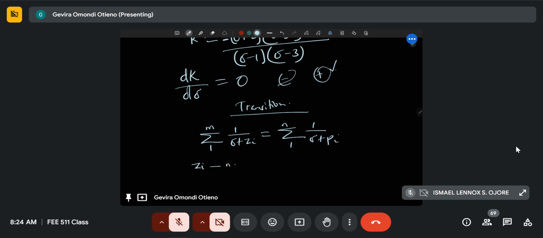This is negative, very important, negative of zero values. And pi is the negative of all pole values.